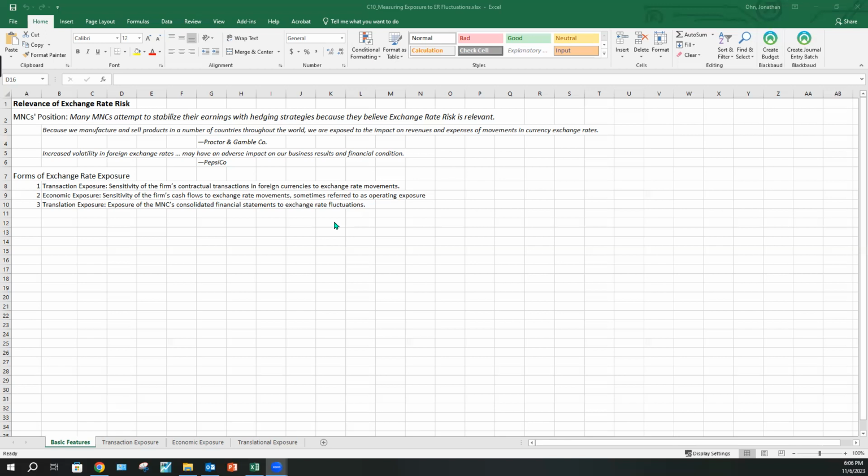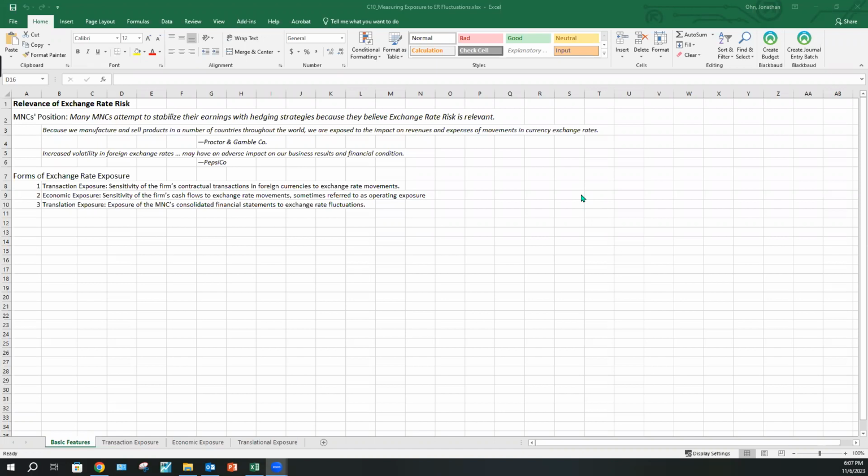Those companies understand the importance and relevance of exchange rate risk in their multinational business, so they pay a great deal of attention to managing this exchange rate risk.